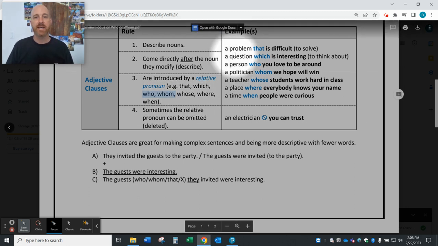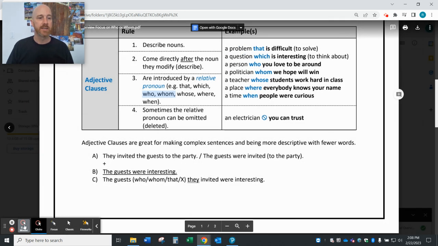So here we see the noun a problem, and the adjective clause is that is difficult to understand. So again, there's my adjective clause, and that is the relative pronoun. The example here: a person who you love to be around.